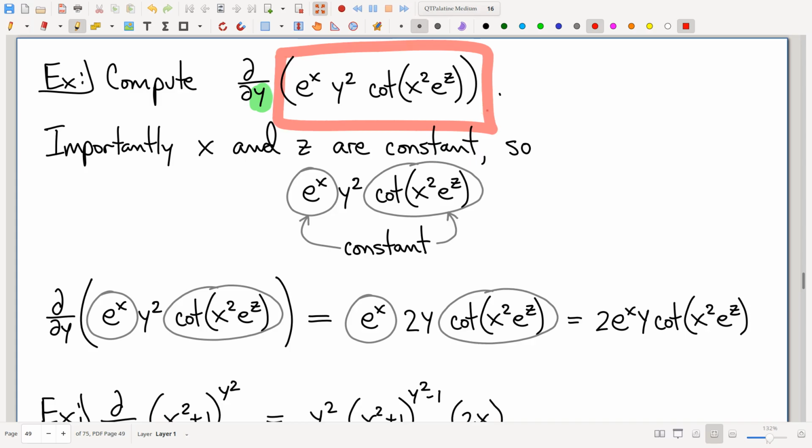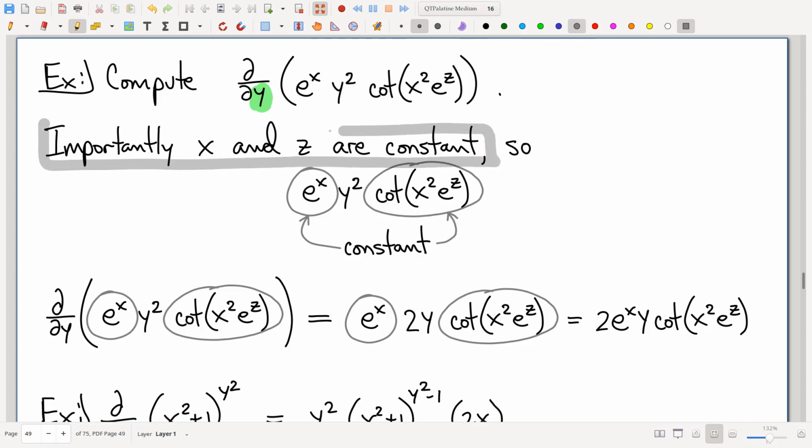The big thing to remember is that when you're taking a partial derivative, all the other variables are constant. So in this case, x and y being the other variables, constants. That means that x is a constant. That means e to the x is a constant. This is a constant. That's a constant. So this whole thing here is a great big ugly constant.